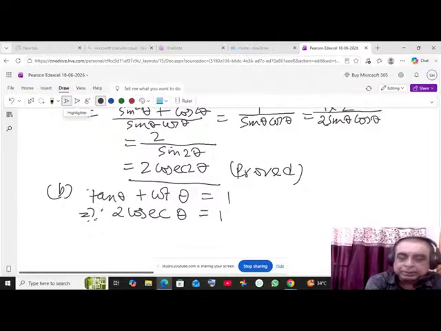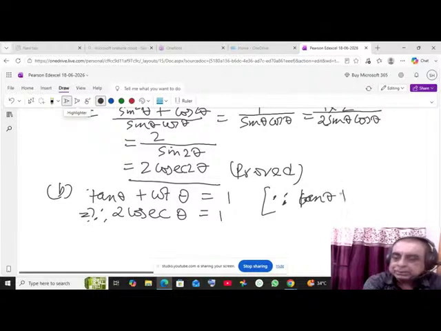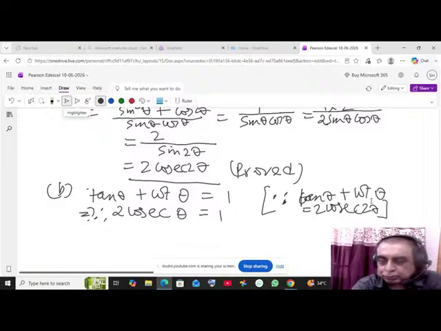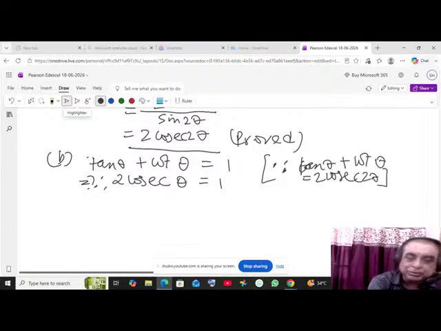Because we have shown in A part that tan theta plus cot theta value is equal to 2 cosec 2 theta, I have substituted its value in place of tan theta plus cot theta.